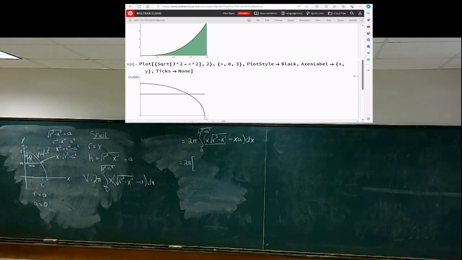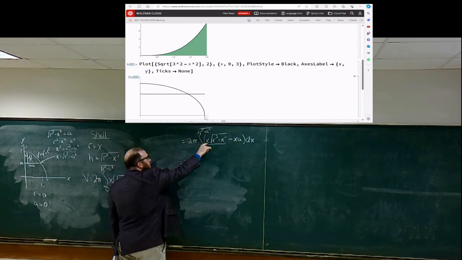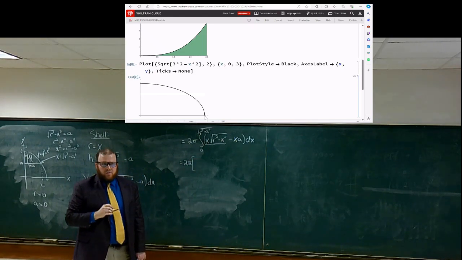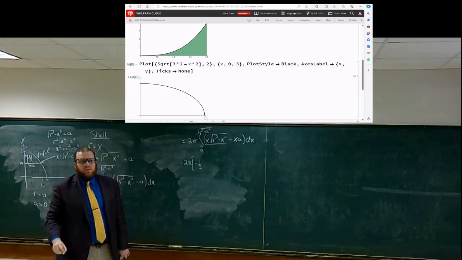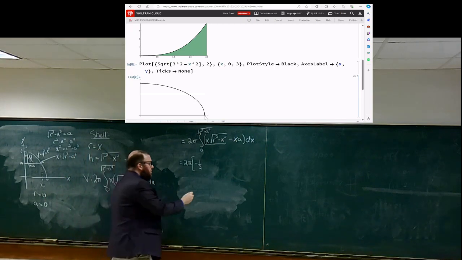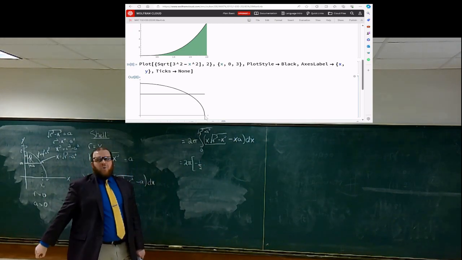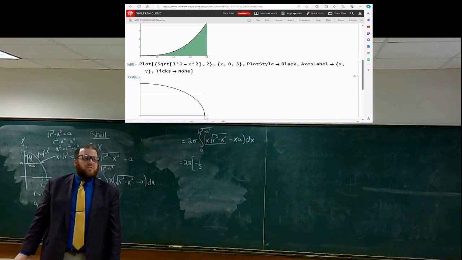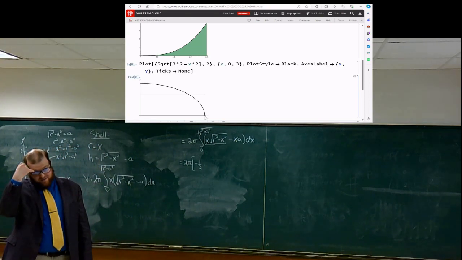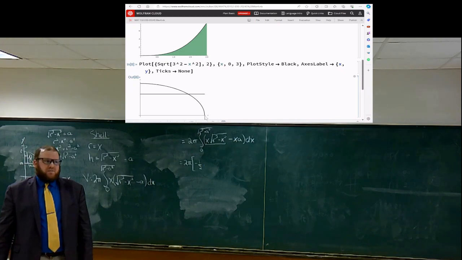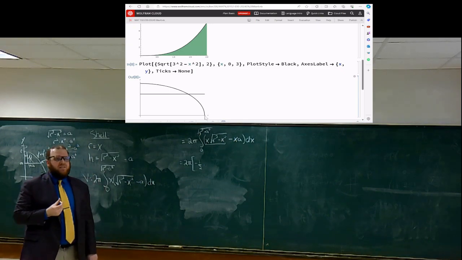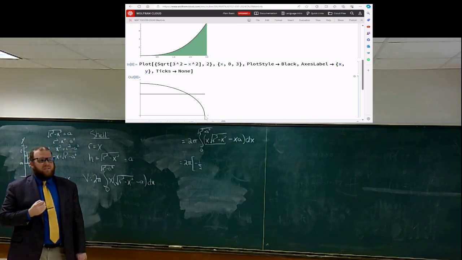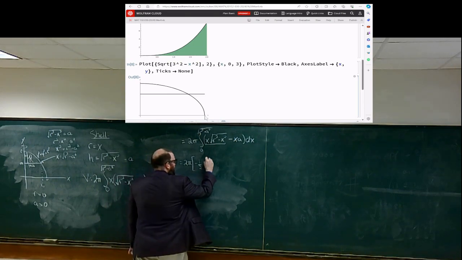So then it's just negative 2x. Oh, look, I have an x. This is u sub. I'm going to need a negative 1/2. U to the 1/2 has antiderivative what? Two-thirds u to the 3/2.